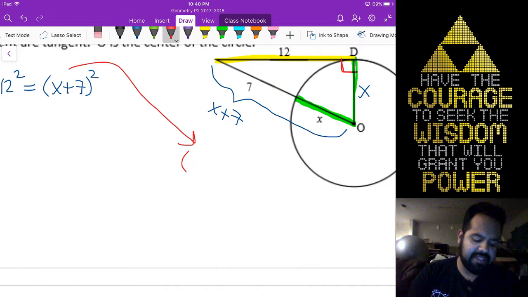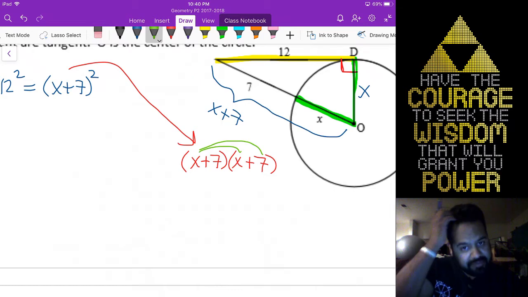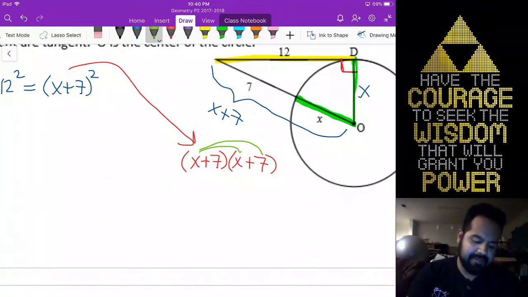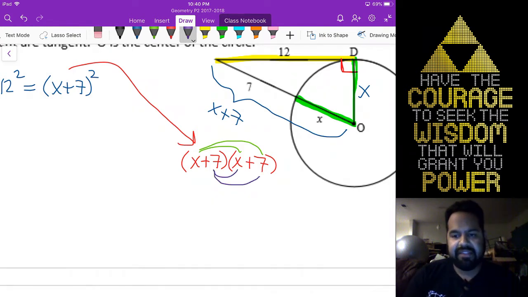When you're squaring something, that's equivalent to multiplying it by itself. So this is where you would FOIL. You would do the first times the first, the first times the last, the second times the first, second times the second.